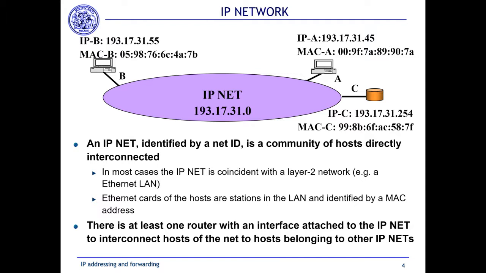In this case, we can assume that the local network is, for example, Ethernet, and in fact, you can see that A and C all have a corresponding MAC address. The MAC address is an address that is recognized at the data link layer, so by the technology that is used for the local network. And since all these interfaces are connected by a physical local network, they are able to exchange data with each other, so they are able to communicate.